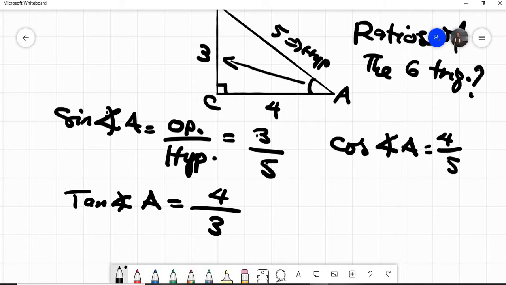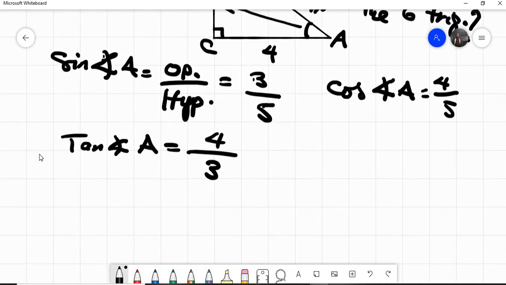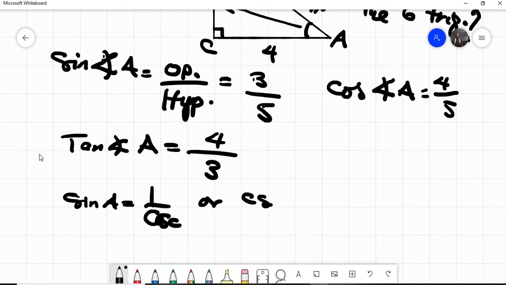Sine relates with cosec. Sine is 1 over cosec, or cosec equals 1 over sine.